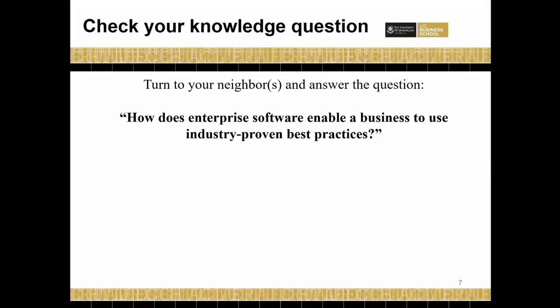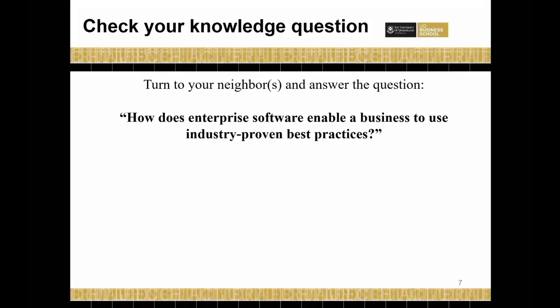ERP system providers, or enterprise software. ERP systems are one example of an enterprise system. They claim that their software includes or enables companies to use industry-proven best practices once they implement their software.